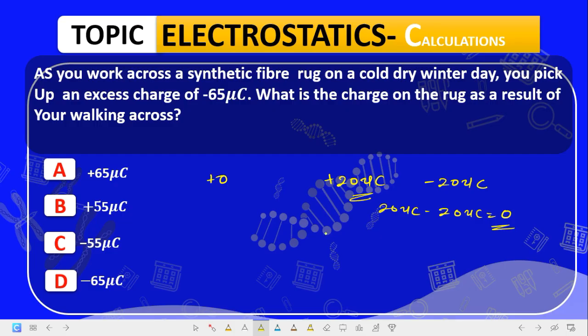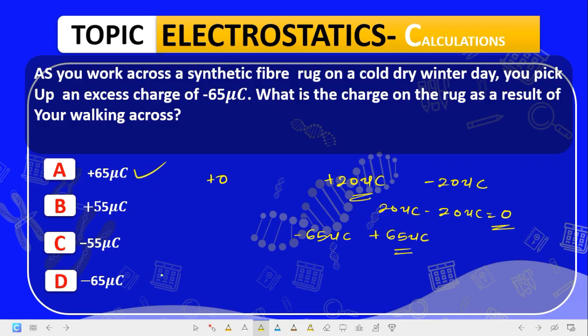Now the same thing is applicable when you have minus 65 microcoulomb charge created. That means you picked up an excess of minus 65. What is the charge on the rug as a result? As you create a minus 65 microcoulomb charge, an equal amount, which is positive 65 microcoulomb charge, will be simultaneously created.